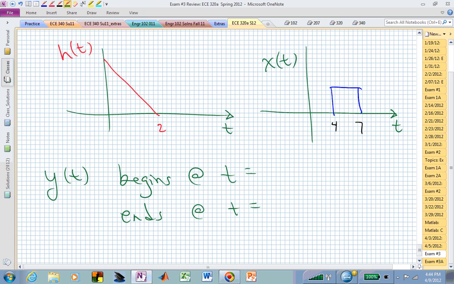Now we hit it, in this case, with a signal x that begins at 4. When is y going to begin? If t was in seconds. When is y going to end?